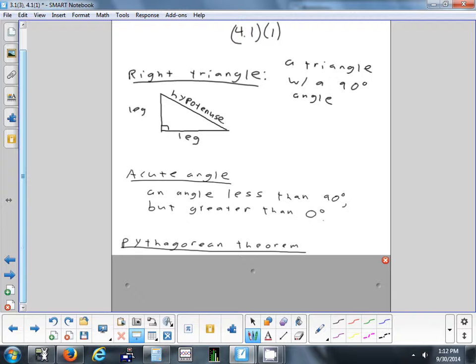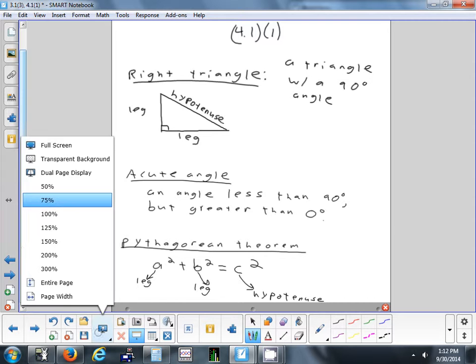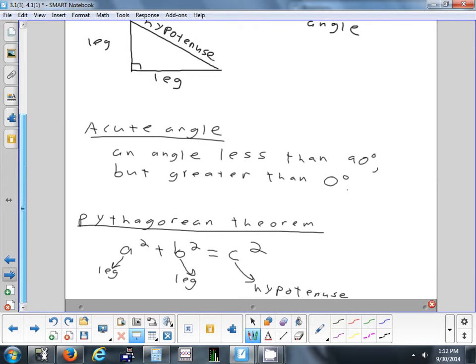Whether you call your sides A, B, C, or X, Y, Z, doesn't matter. A lot of times we do use A, B, and C. If you're going to use A and B for your legs and C as your hypotenuse, that's what the Pythagorean theorem would look like. But it's important to remember the idea behind it, not just A squared plus B squared equals C squared. That doesn't mean much.